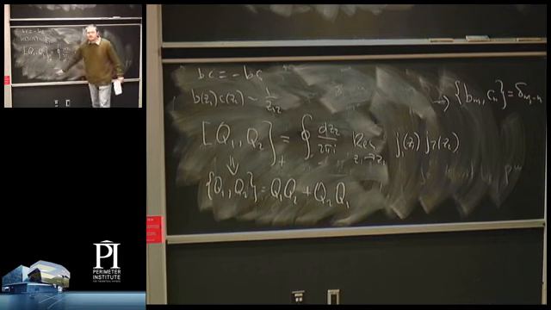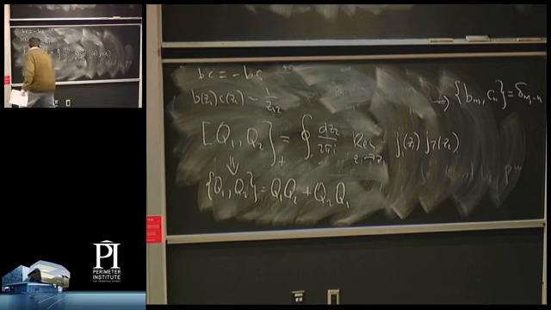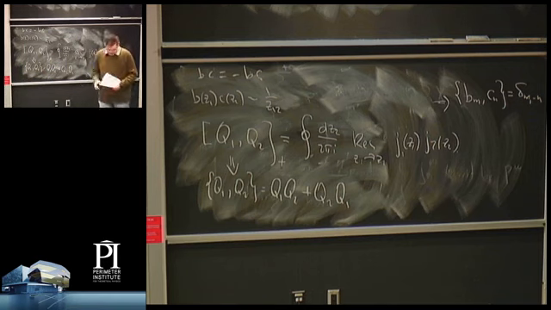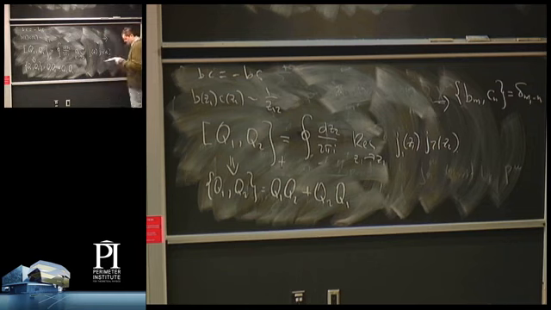So I denote this as a plus sign here. Okay. And the rest of the analysis goes as before. And so once we do the computations, we will find the following algebra.